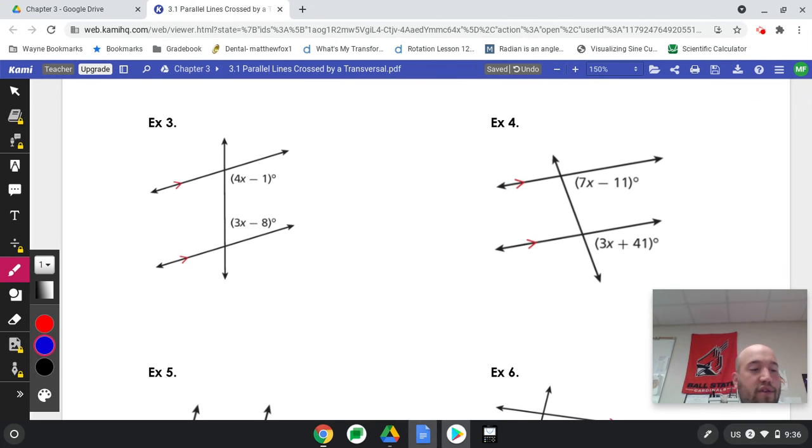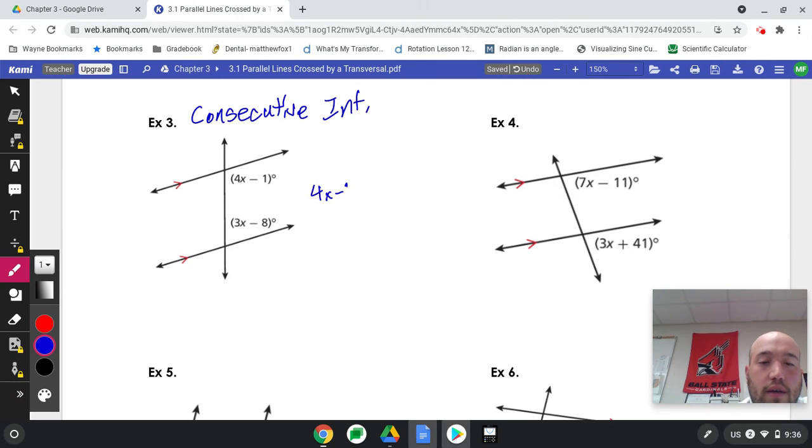Here, example 3. As you can see, they are on the same side, also known as consecutive interior. Whenever you have consecutive interior angles, we know they will be supplementary. They will add up to 180.